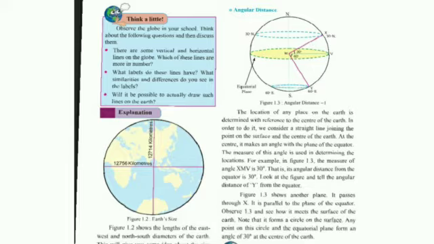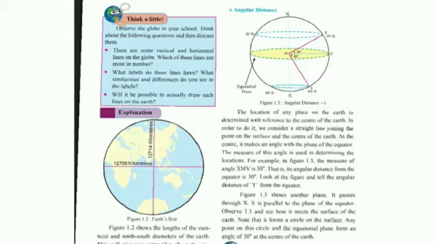We have to consider the center of the earth, and we consider a straight line joining a point on the surface and the center of the earth. The measure of this angle is used to determine the location. So we understood what angular distance is, and then we find out the angles.